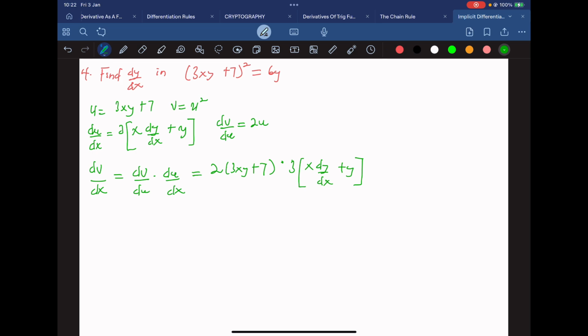So we can simplify this further. So 2 times 3 right here will give us 6.